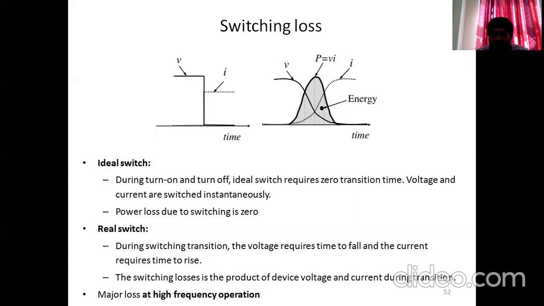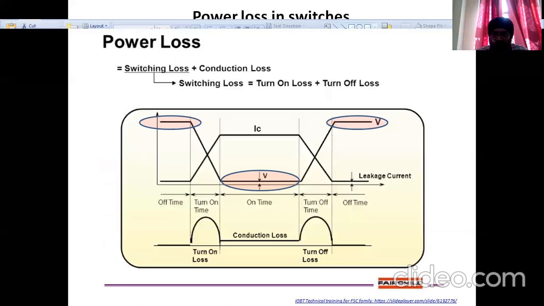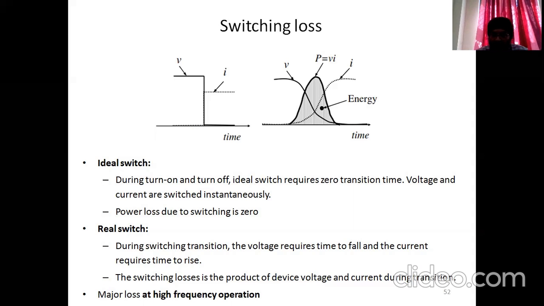So in that case, switching loss can happen in high frequency operation. These three types of losses are there in the switches used in power electronics. Due to these switching losses, on-state losses meaning conduction losses, and off-state loss, the efficiency can decrease if these losses are substantial. So we try to minimize these losses so that the efficiency becomes higher.